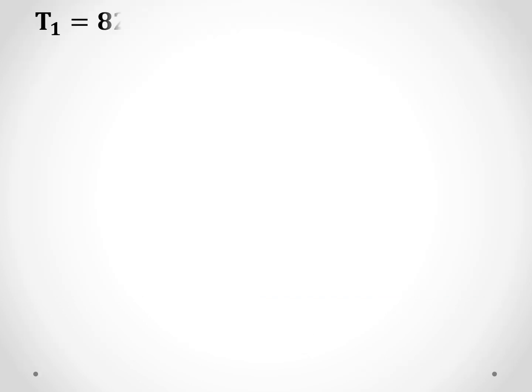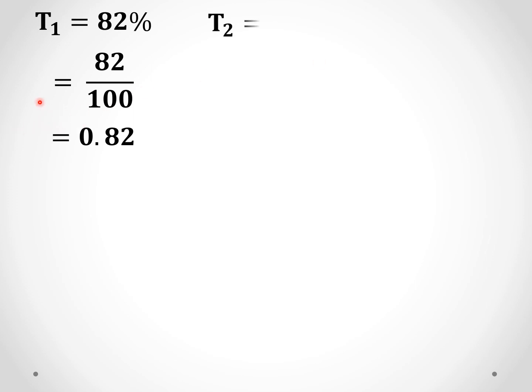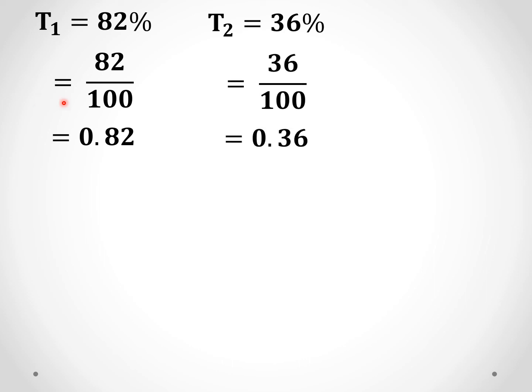T1 is equal to 82%, that you can write as 82 by 100, 82 out of 100 or 0.82. Then T2 is 36%, that is 36 by 100, 0.36. So T1 is 0.82, T2 is 0.36.